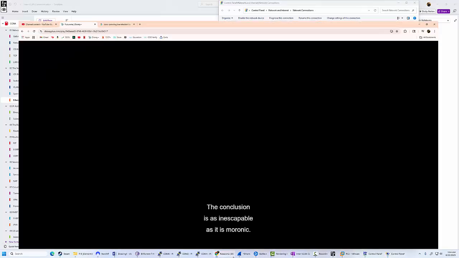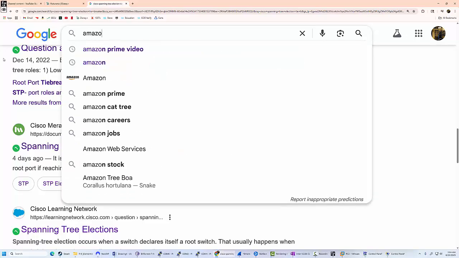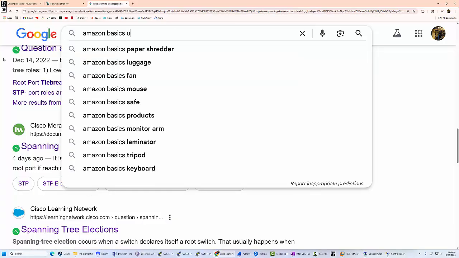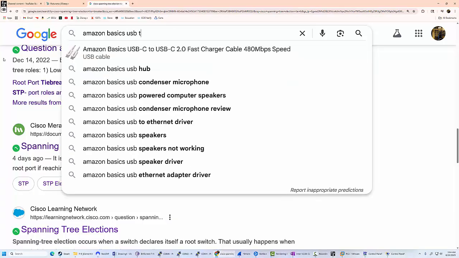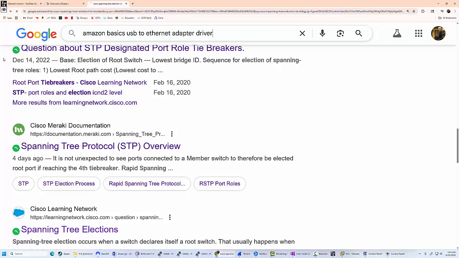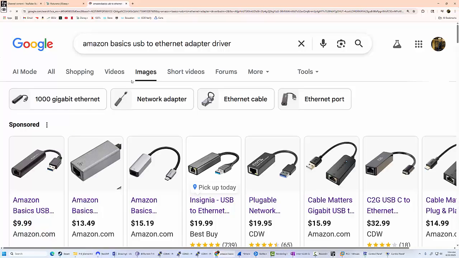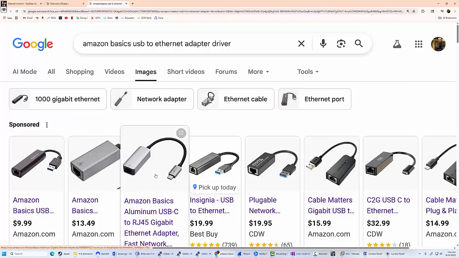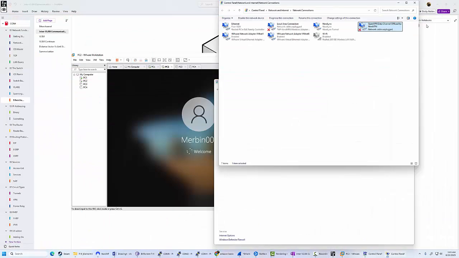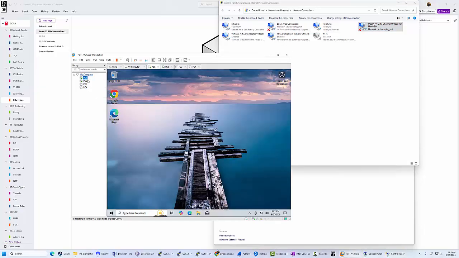Okay, let's go look this up. Okay, that's the one. That's the one I have. I got 4 of those. So first of all, PC2 is still booting. PC1 is booted.